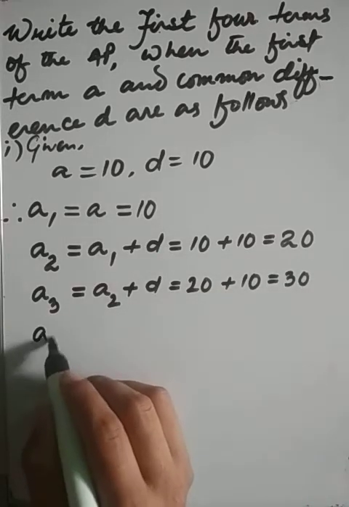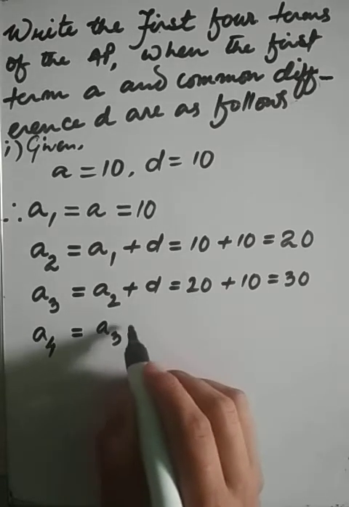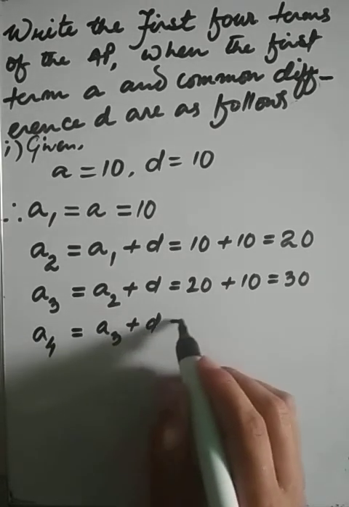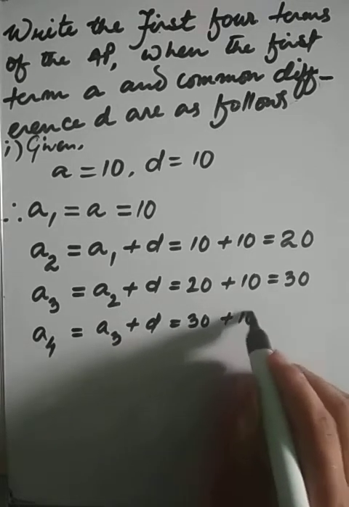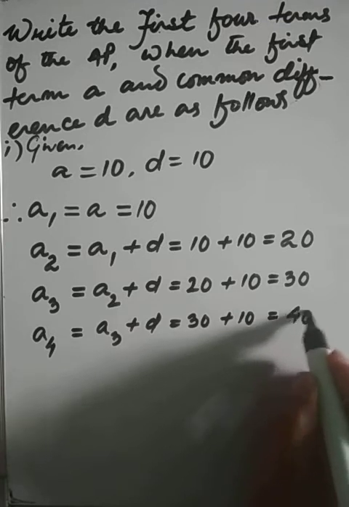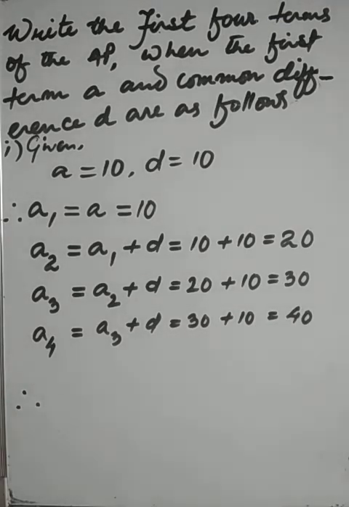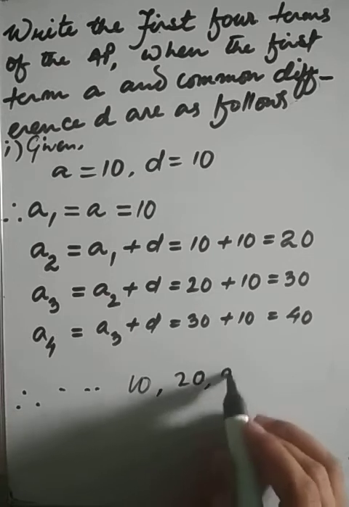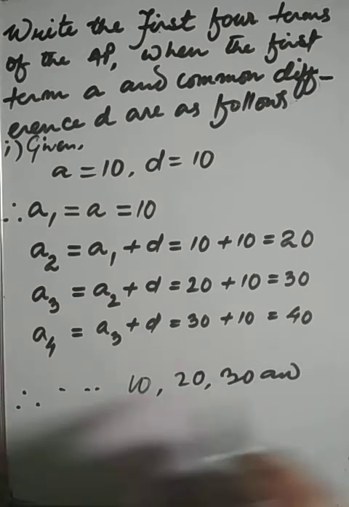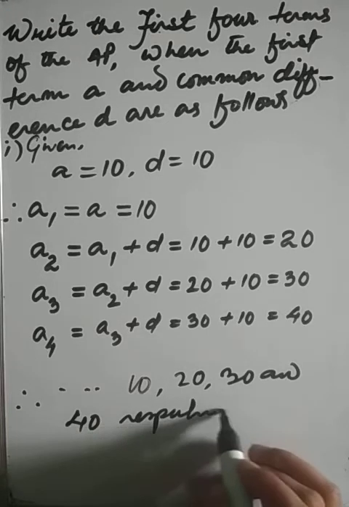Last, fourth term a4. a3 plus d. a3 means 30 plus 10, we get here 40. So therefore the first four terms of the AP are 10, 20, 30 and 40 respectively.